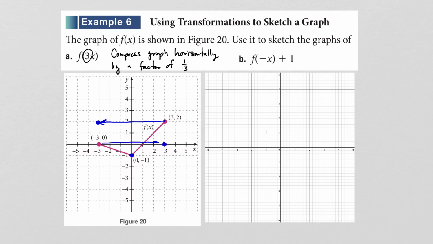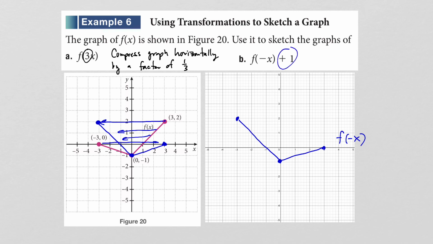And this point stays the same. And all these points here also get reflected over. So you end up getting a graph that looks like this. Now, I know that's a little bit cluttered, so I'm going to put that over on my axis to the right. So this is what f of negative x would look like.